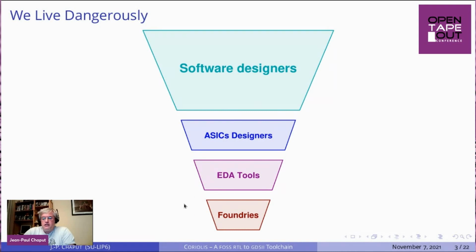For the foundries, the problem is slightly different. The problem is secrecy. Because the information that the foundries need to release for you to make an ASIC gives hints about the technology they are using.